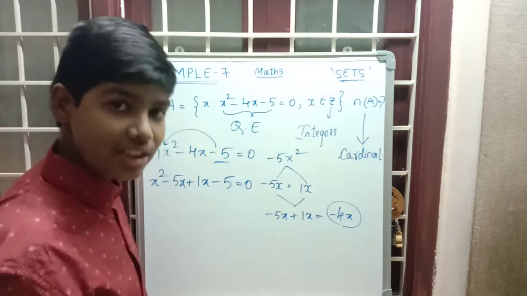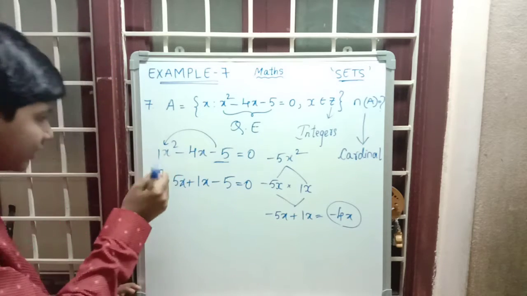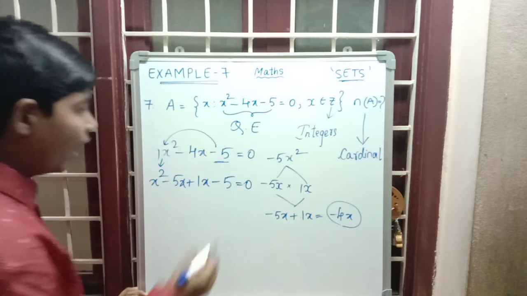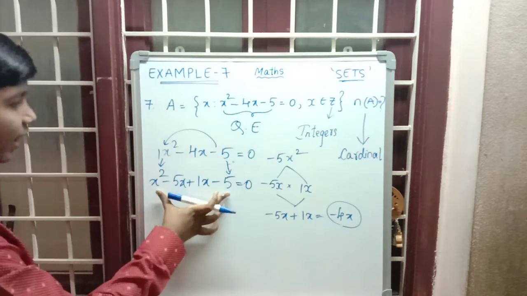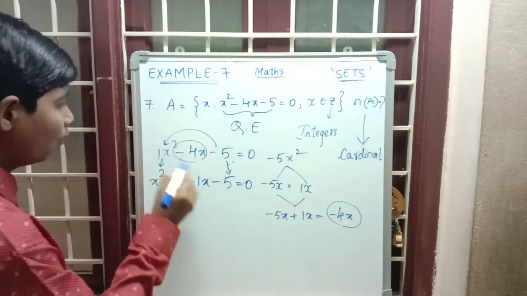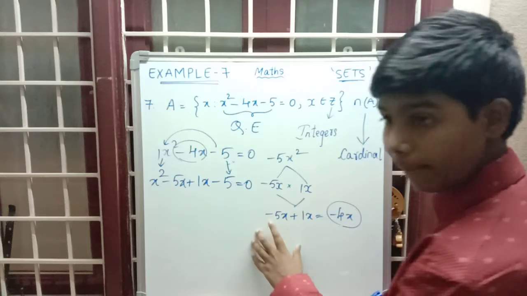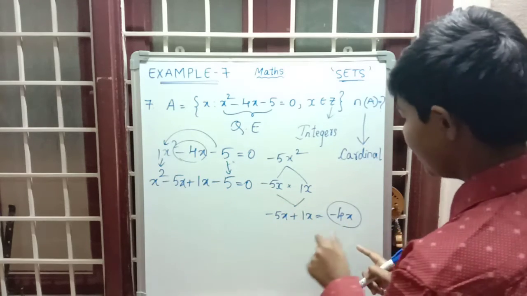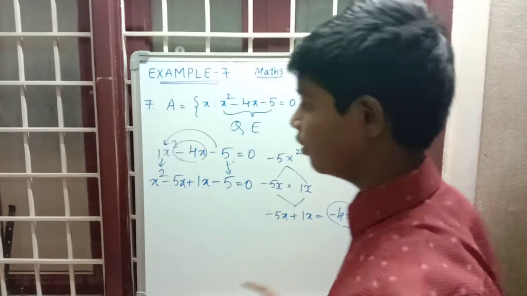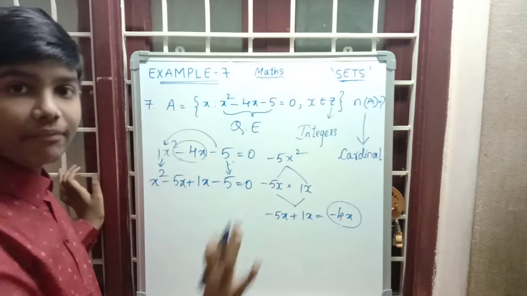See, the last step means after this we will again be solving. The third step is, x square as it is we will write here, and minus 5 also as it is we will write here at the end. But the minus 4x we have changed: how did we get minus 4x? Minus 5x plus 1x. In place of minus 4x we are substituting this value. Same as it is there, minus 5x plus 1x, here also we are writing the same.